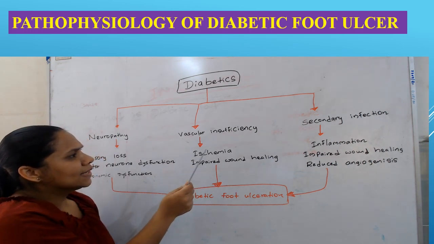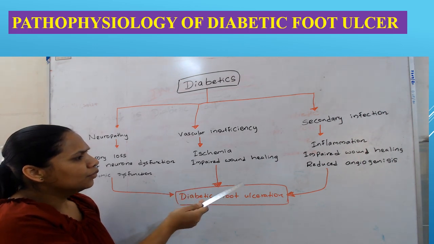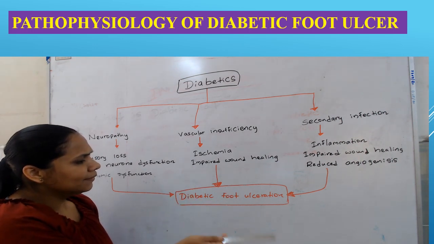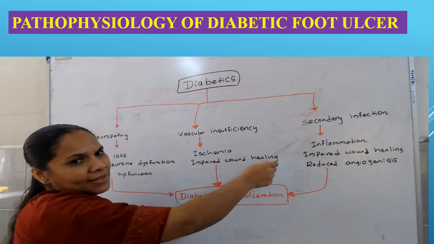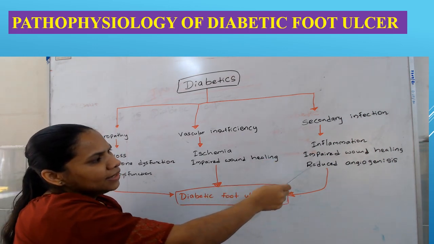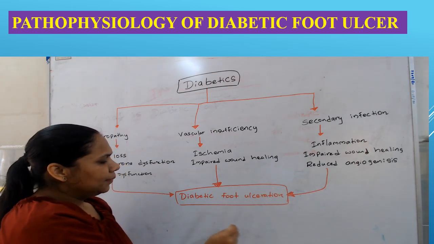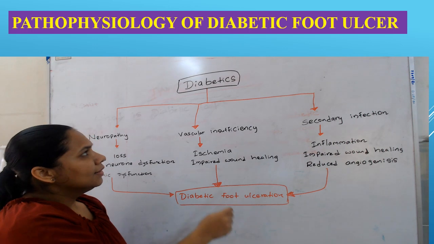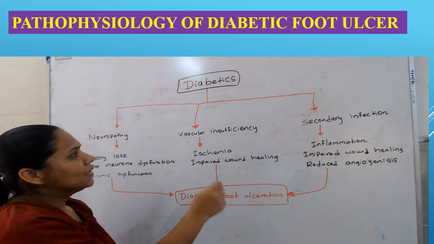Second one is vascular insufficiency. After that, ischemia and impaired wound healing produce diabetic foot ulceration. Third one is secondary infection, inflammation, impaired wound healing, reduced angiogenesis, which produce diabetic foot ulceration. These are the diabetic foot ulceration pathophysiology.